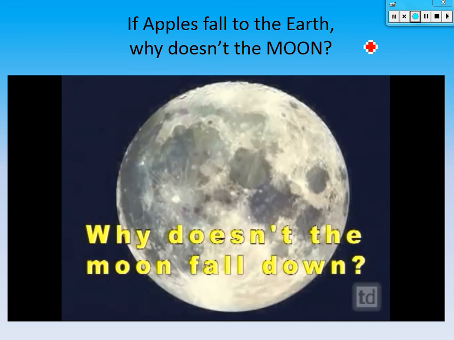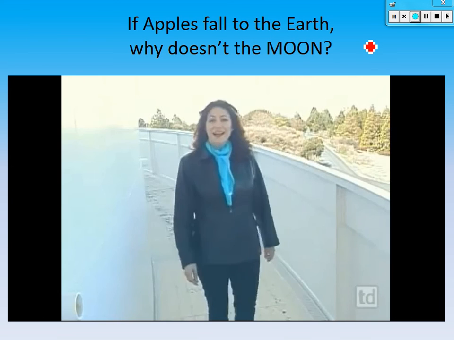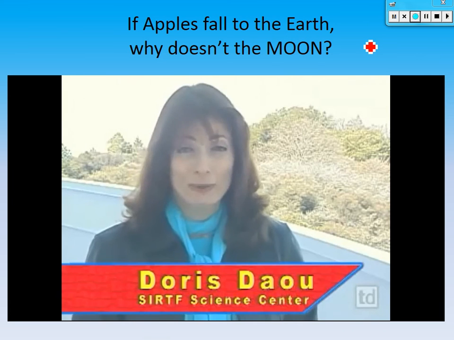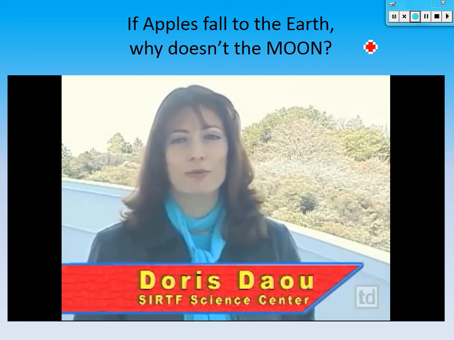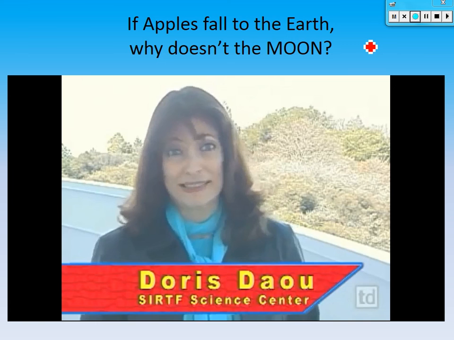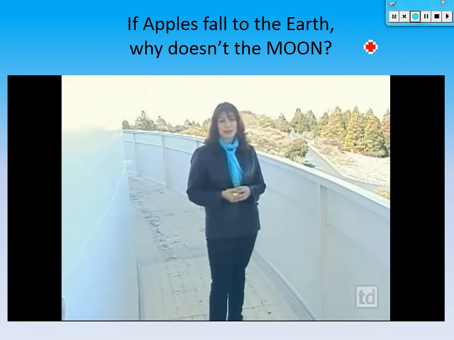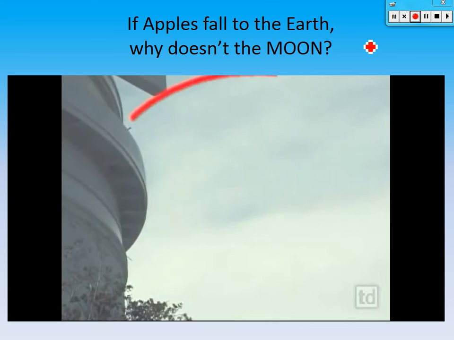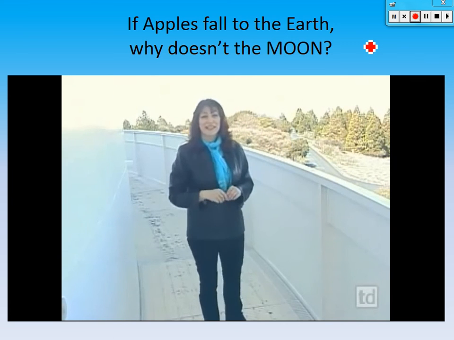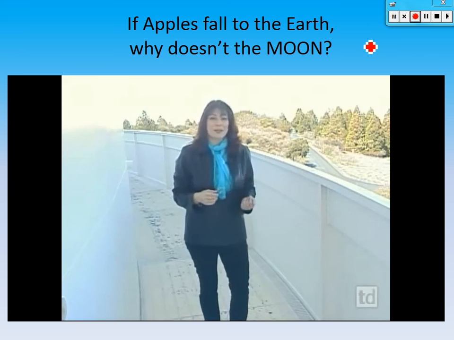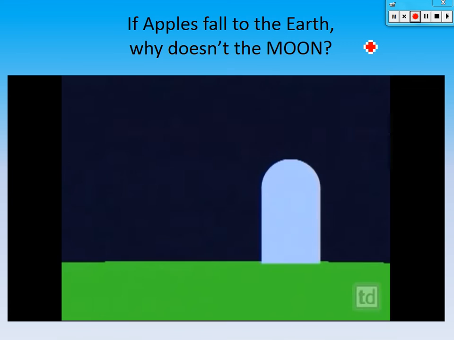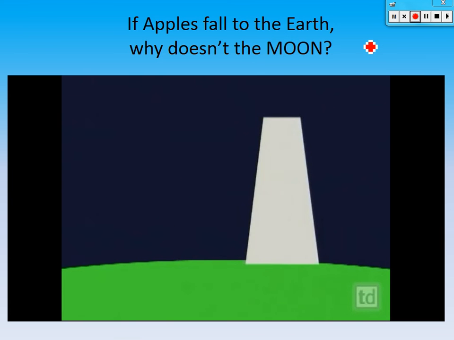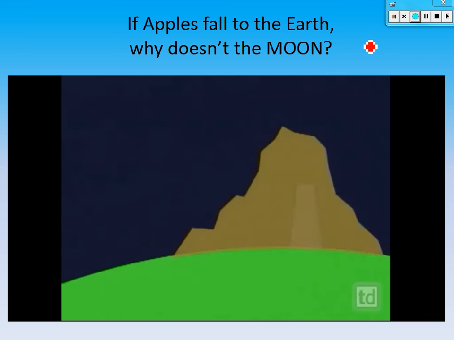Why doesn't the moon fall down? Actually, the moon is always falling toward the Earth, but it's moving so fast that it will never hit. When we throw an object, like this tennis ball, gravity pulls it down towards the center of the Earth. Even the fastest moving tennis ball will eventually hit the ground. But as objects get farther away and start moving faster, things change.